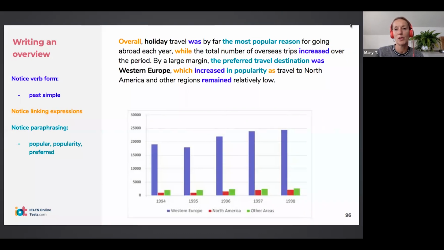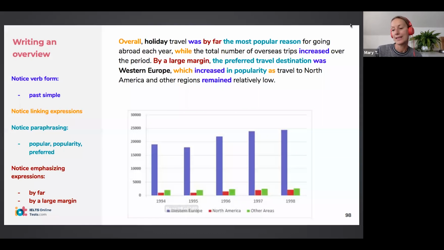Okay, so we've got the most popular reason. And then we've got popularity, so using a different word form, and preferred travel destination, so it's another way of saying that. So it just varies your vocabulary. And then also, as I mentioned, emphasizing expressions. So we've got by far, and instead of repeating that, you can say by a large margin.